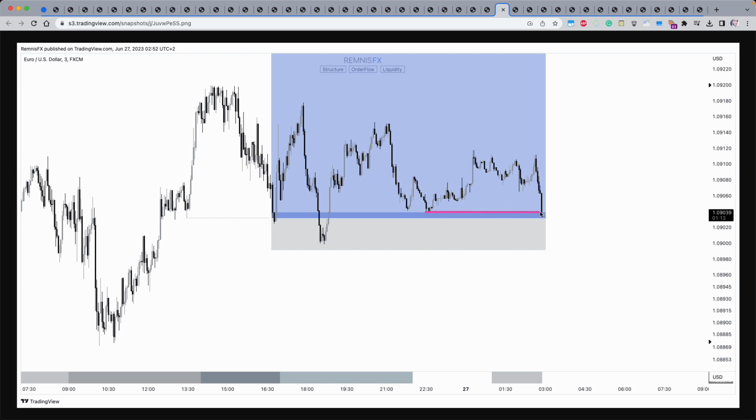I rushed to the charts and noticed, okay, price indeed came all the way down to take out this low. And will it mitigate this area, yes or no? Practically, I was waiting to see that, right? Because then, again, I would have liquidation, mitigation, right?